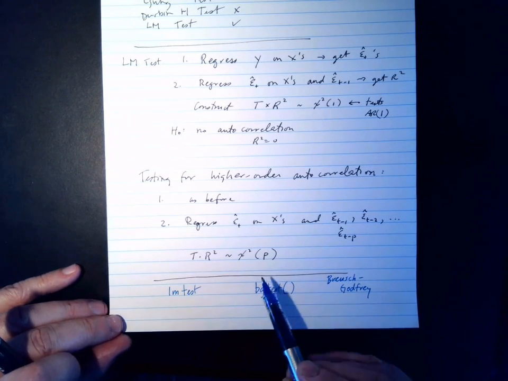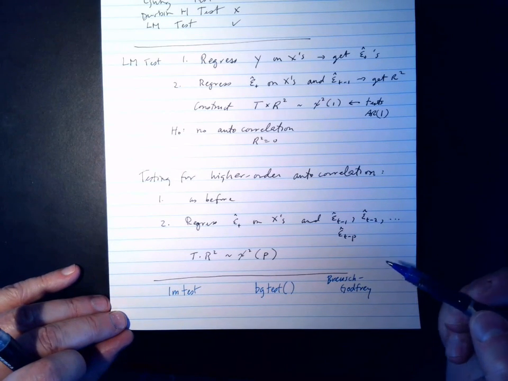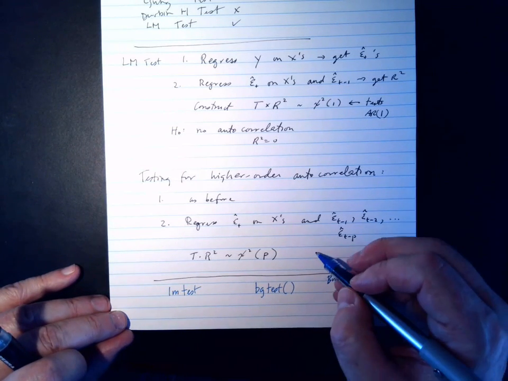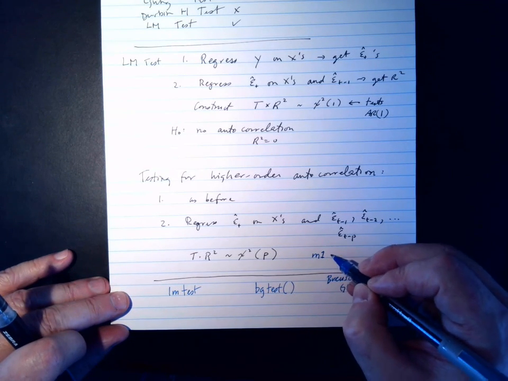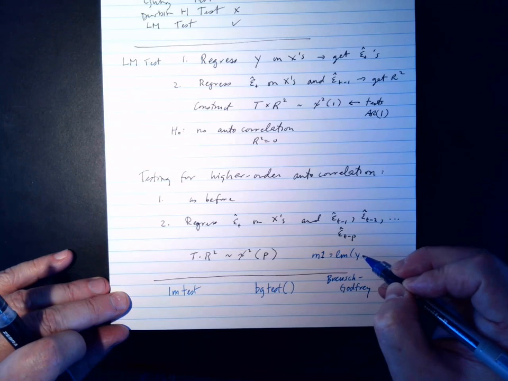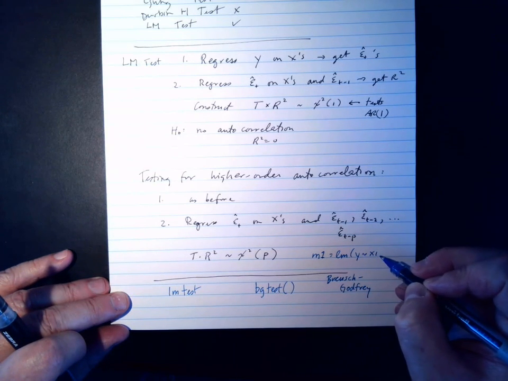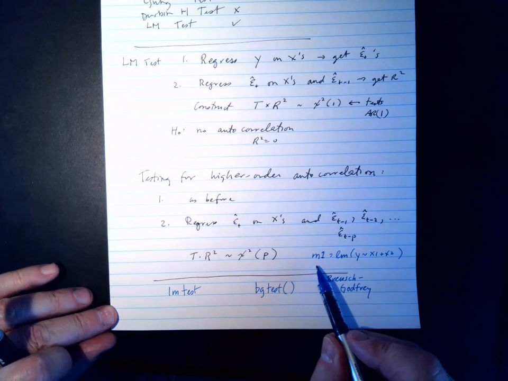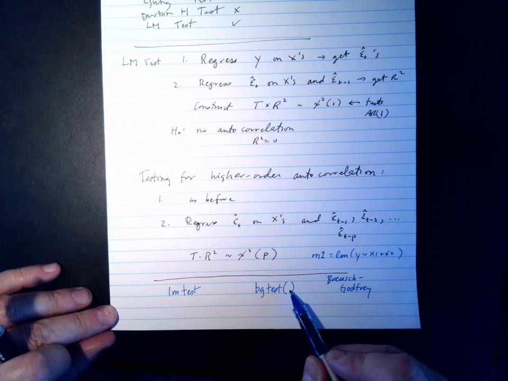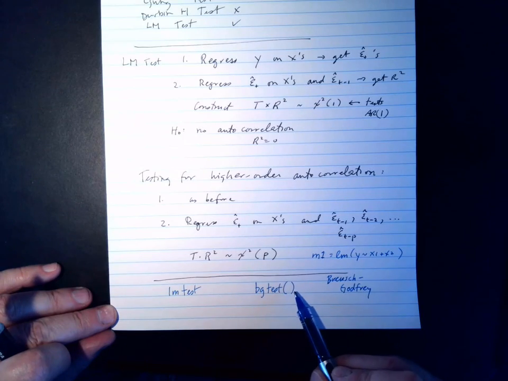What goes in the brackets? Well, if you know how when you do a linear regression you call it, let's say it's your first model, so you call it M1 equals lm, and then it's Y regressed on X1 plus X2. Well, you're just going to plug in bgtest(M1). And isn't that easy?